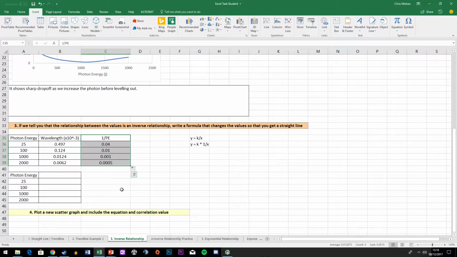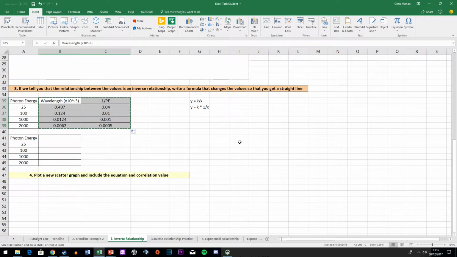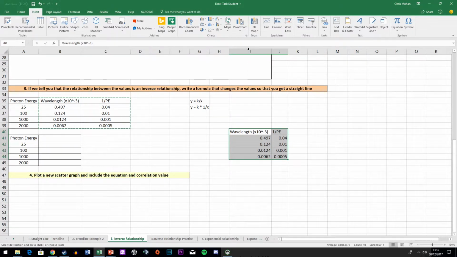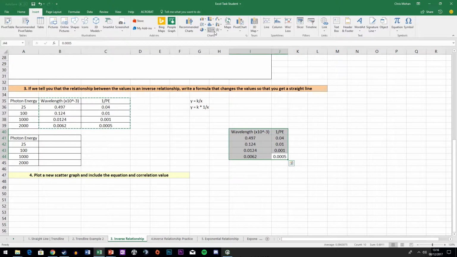Now when I go to plot a new scatter graph and include the equation and correlation value as before, I'm going to separate this table out to the side to make it easier to plot, like so. And I'm going to select this data, and I'm going to do my scatter graph.